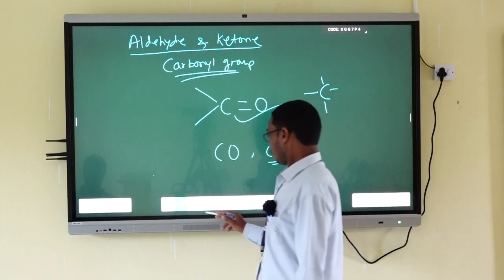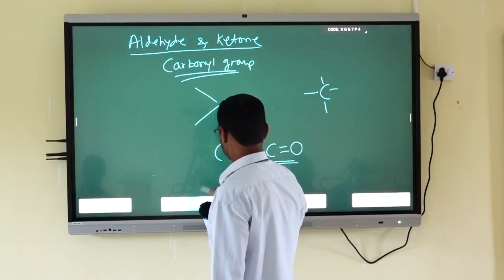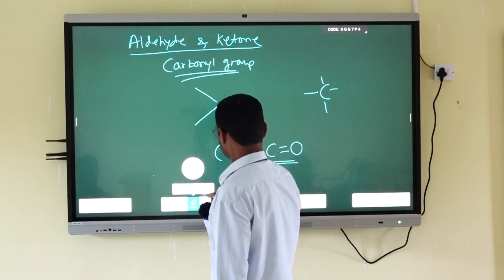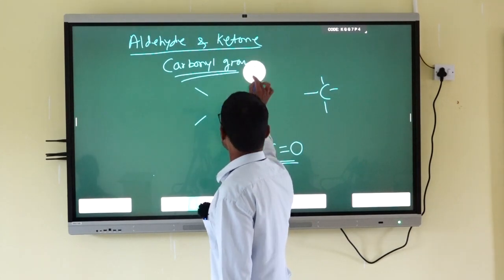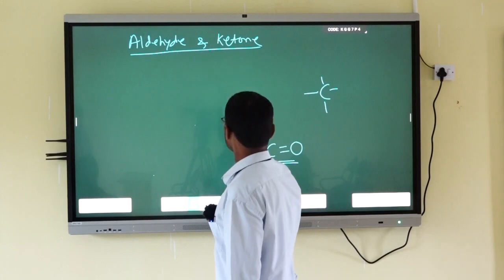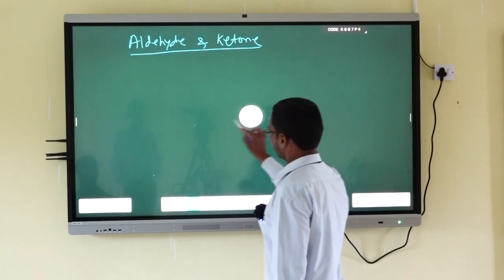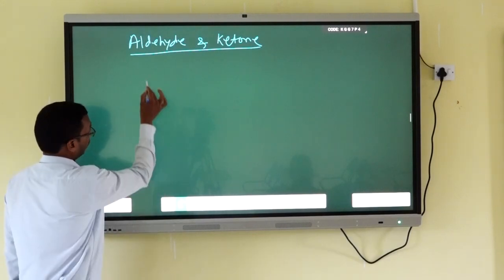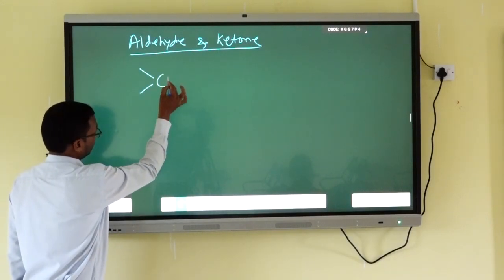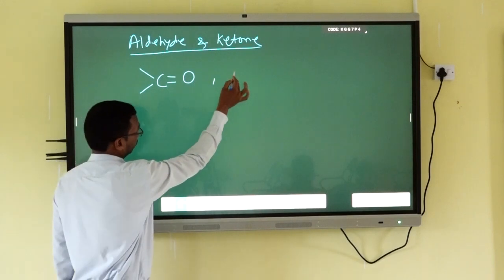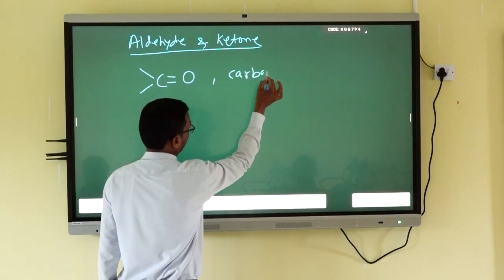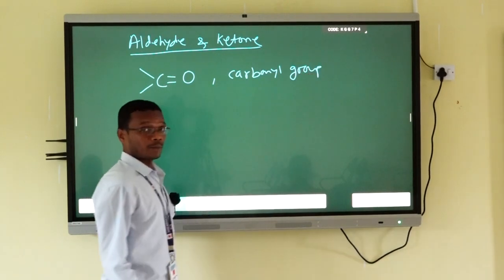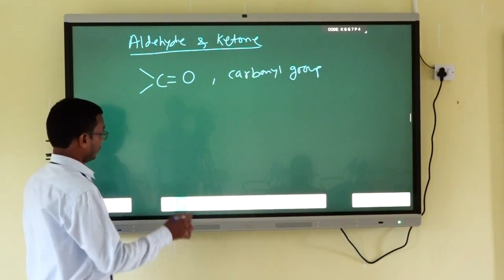Now, what is the difference between aldehyde and ketone? This is the carbonyl group. Then how do we define aldehyde?